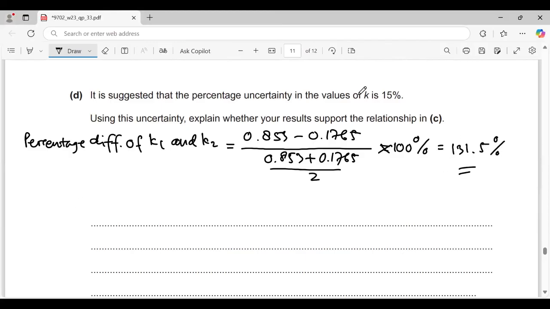Compare this result with the given uncertainty, 15%.